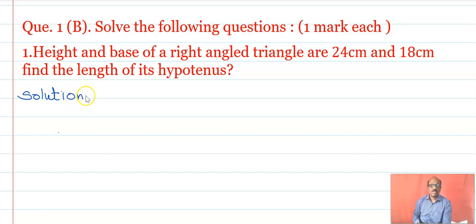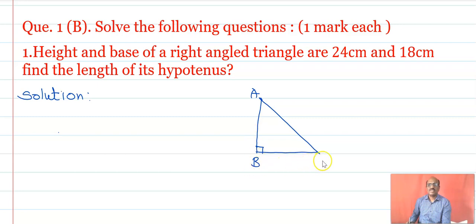Okay. If we draw the right angle triangle ABC, then what is the height? It is 24 centimeter.